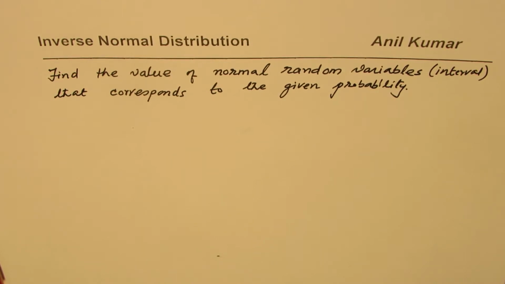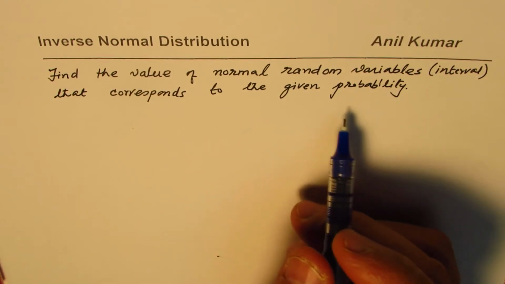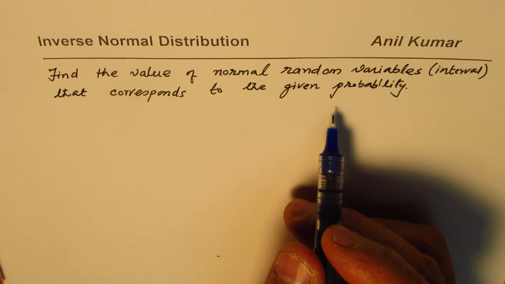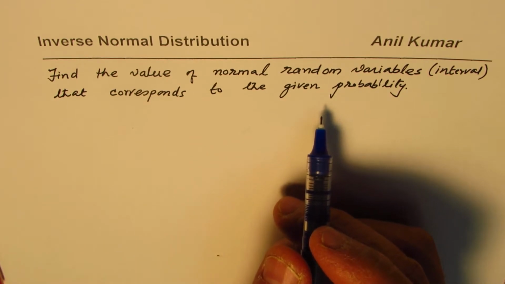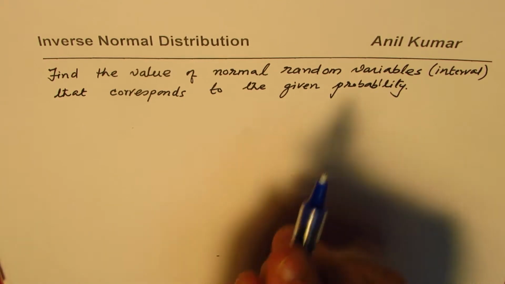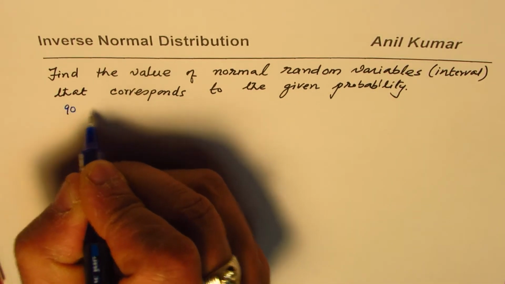Is that okay? Now some of the very interesting examples are, for example, you appear for some entrance examination into a university. They have normalized all their test results and they're only interested in finding those students who qualify for their top 10, right? So we say 90 percentile.